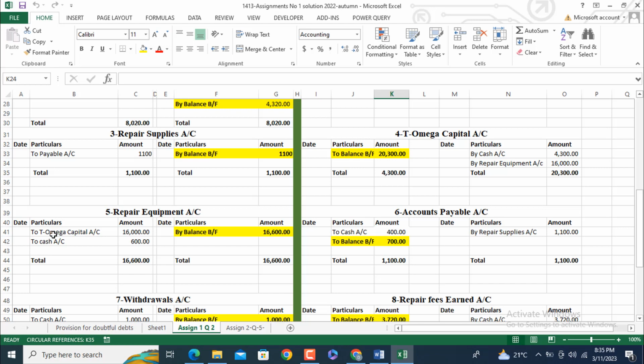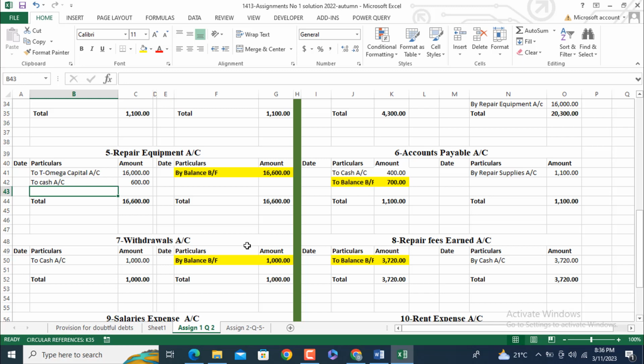Ornega capital account 16,000, and for the additional repair equipment of rupees 600, we will place it here against the cash account. So 16,600 is the total, and this is a debit balance again, moved to the next month as the opening balance, taking position on the debit side.